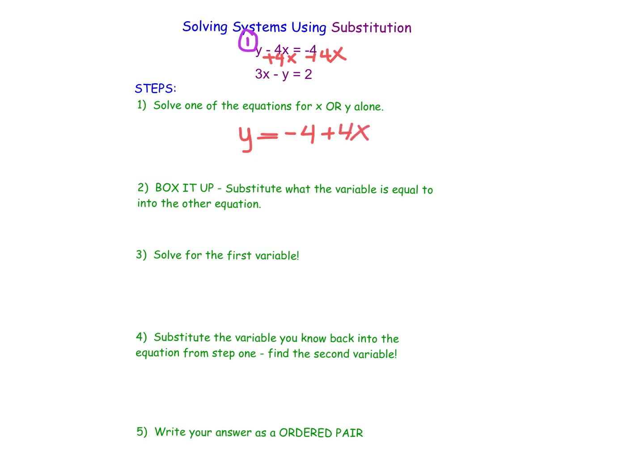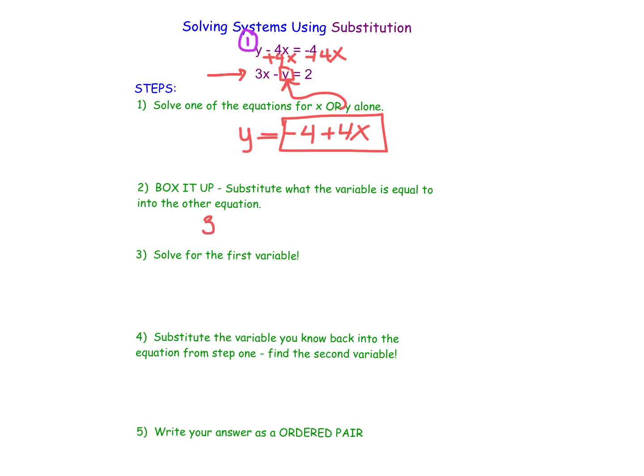And then what I'm going to do is box it up, and replace y in the other equation with what it's equivalent to, which is negative 4 plus 4x. So now I go down to step 2 and I actually replace y in this second equation.